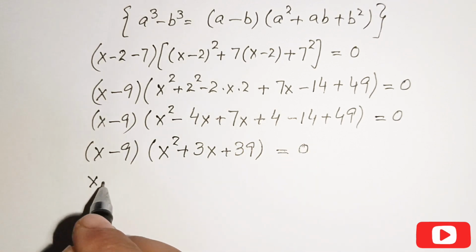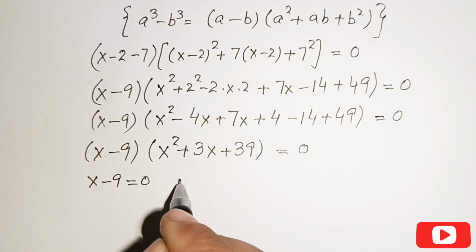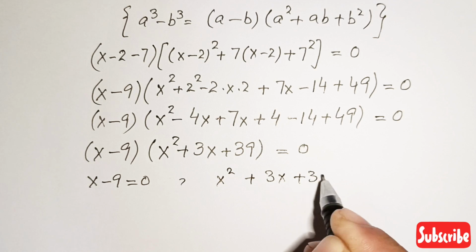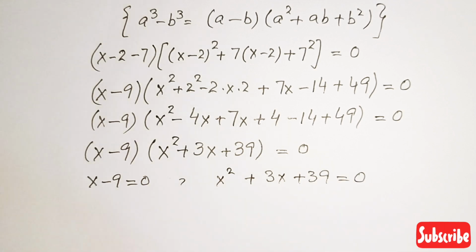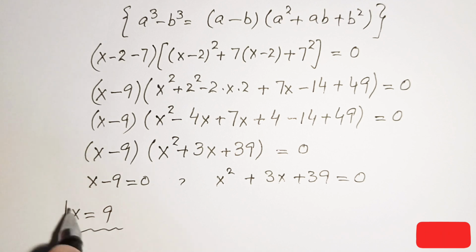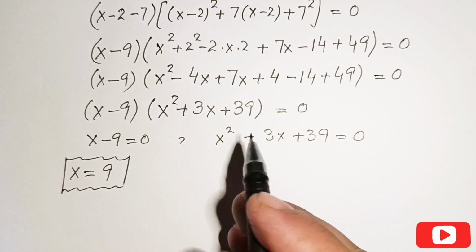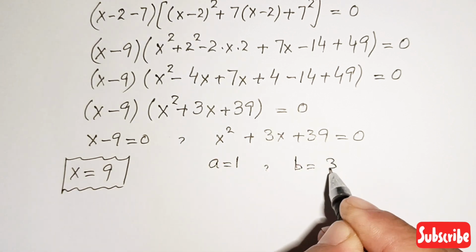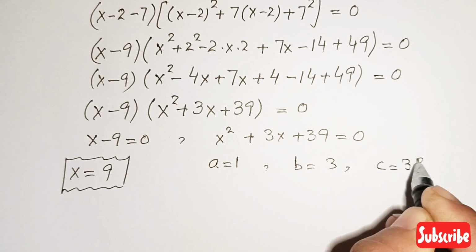Now we have x minus 9 is equal to 0, and x squared plus 3x plus 39 is equal to 0. Here we have x is equal to 9. It is our solution of x. Now solving this quadratic equation, we have a is equal to 1, b is equal to 3, and c is equal to 39.